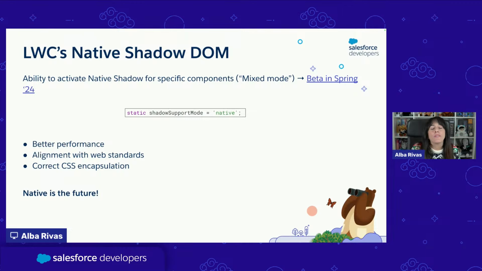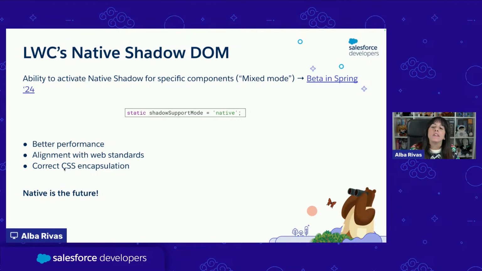Okay, and you can start doing that. That's going to have some great implications for your app. So your app is going to have better performance because it is going to be aligned with web standards. That polyfill is not going to be needed, and all the rendering of the shadow is going to happen on the browser, not on the LWC engine itself.